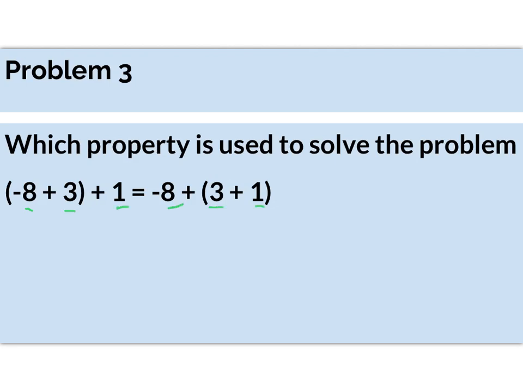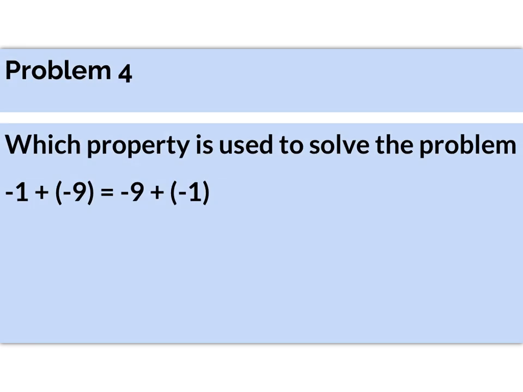This is another grouping problem, so this is an associative problem. Associative. 1 plus 9, 9 plus 1. This is a commutative. The numbers go back and forth. Commutative of addition.